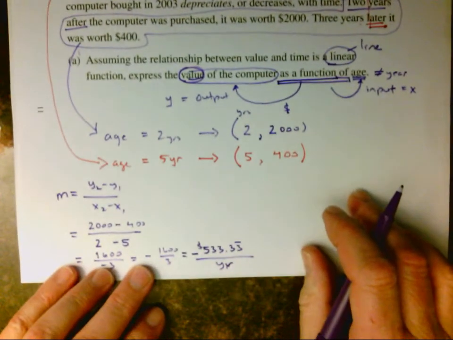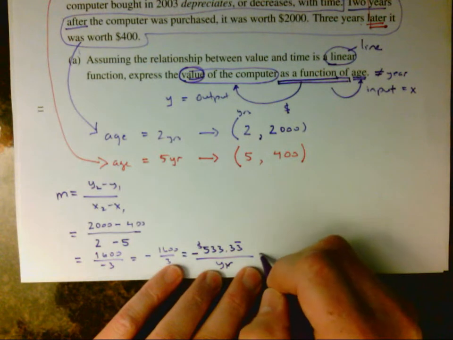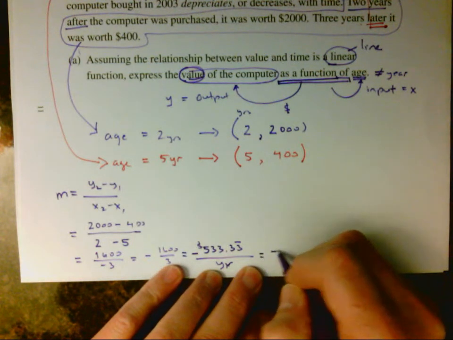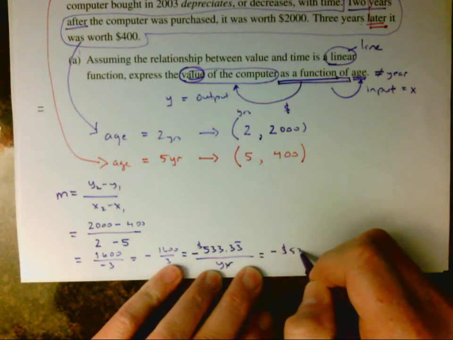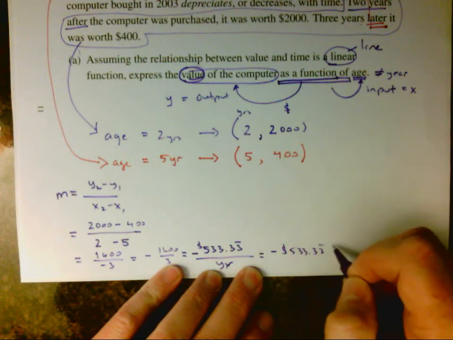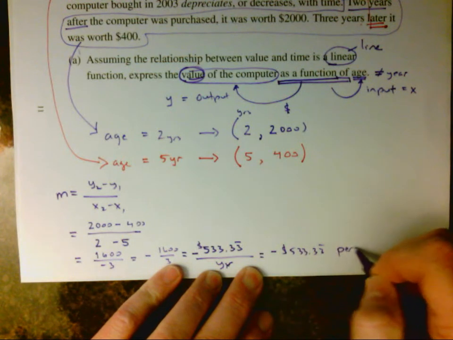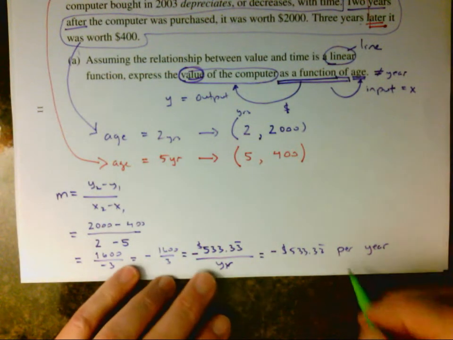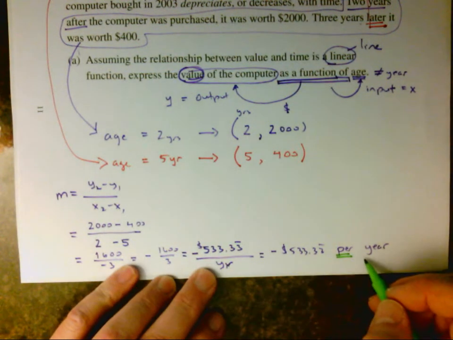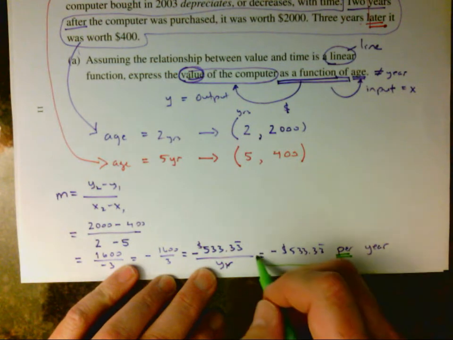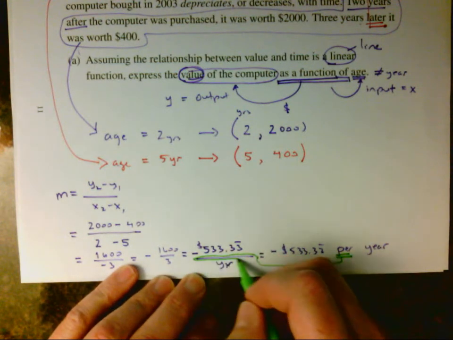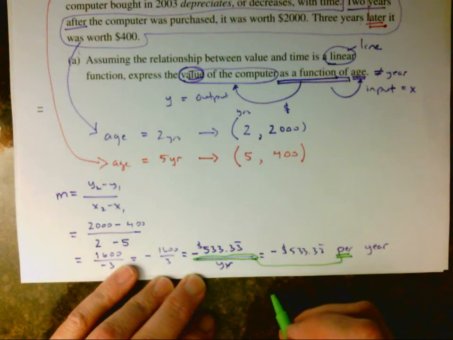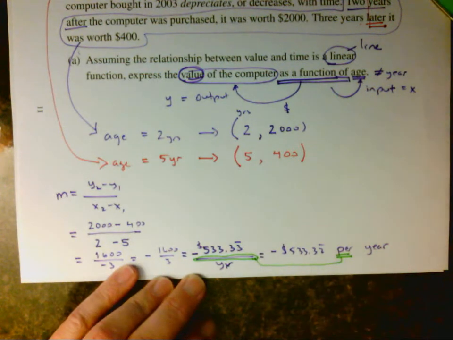I wrote that down the way you would write it in a science class. The way that you read it is minus 533.33 repeating dollars per year. And in fact, whenever you see the word per in algebra, that's a fraction bar. So we got the slope.